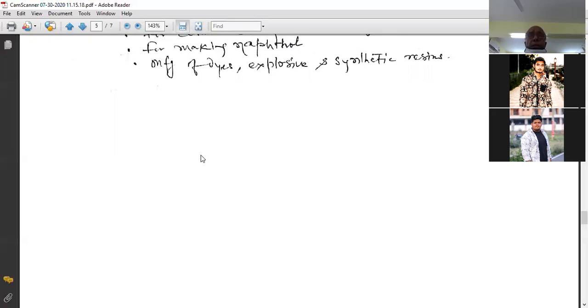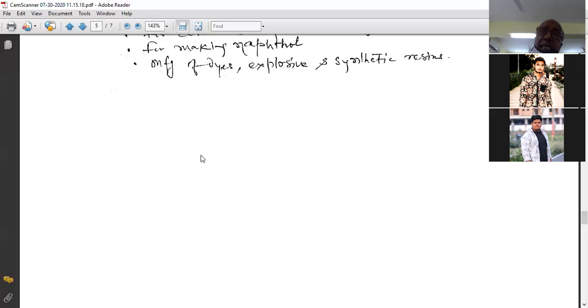But when any group is present, then it creates problems. Suppose we introduce an OH group, that is phenol. When it becomes phenol after addition of OH, then it goes to the ortho or para positions.